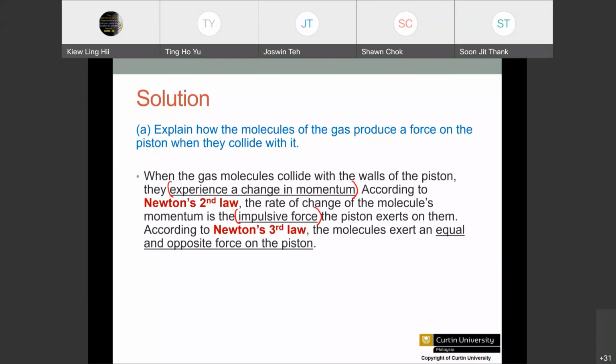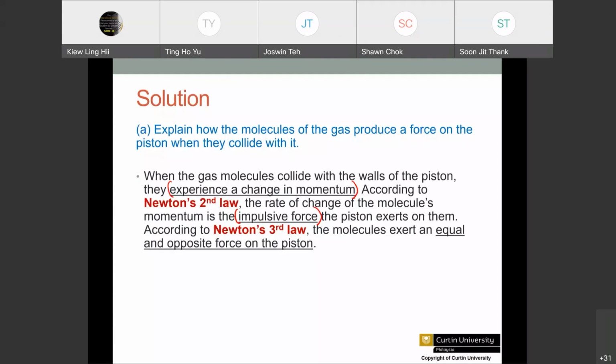So just imagine you are the atom of gas and this piston is the wall. When you bump into the wall, what will happen? You receive an impulse in your body. This is from Newton's second law. And according to Newton's third law, when you bump into the wall, you apply a force on it, let's say 10 Newton of force on the wall.